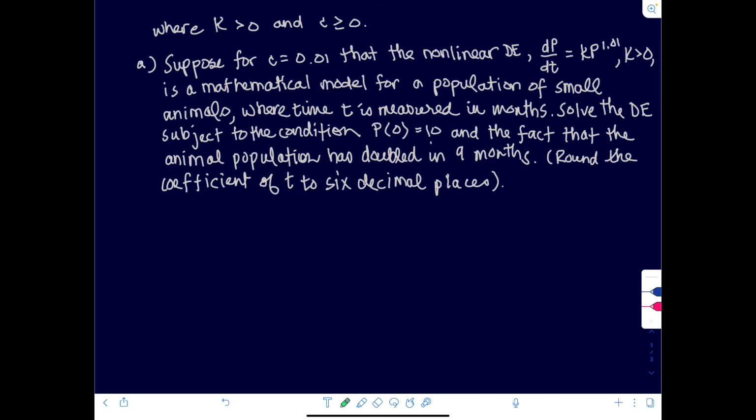So let's do it. We've got dP/dt is equal to k times P to the 1.01. And one thing that's nice here is that it's separable, right? If I divide both sides by P raised to the 1.01, on the left side we've got P to the negative 1.01 dP is equal to k dt.